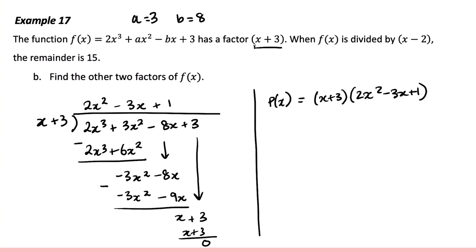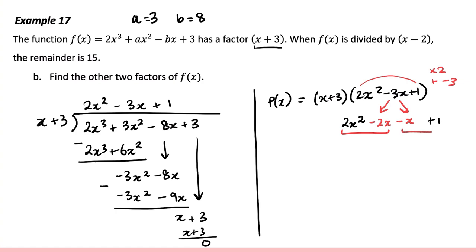All right, now I can go ahead and factorize that. Now this is a non-monic quadratic, so I'm going to need to do our AC method. So 2 times 1, I need two numbers that multiply to 2 and add to negative 3. So that'll probably be negative 2x and x. In terms of writing this out, that'll be 2x squared and then a plus 1. And then I'm going to split this into two terms: negative 2x minus x.